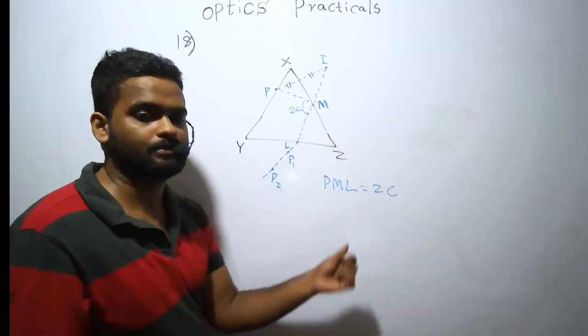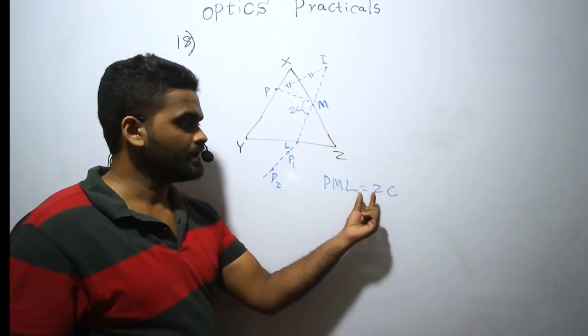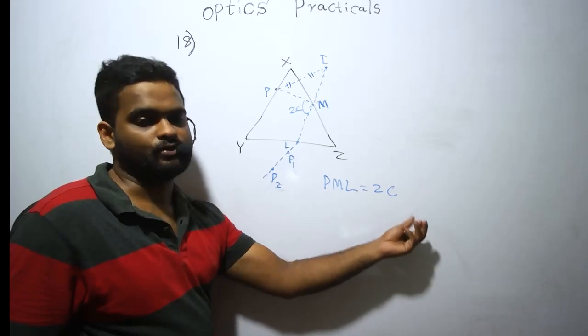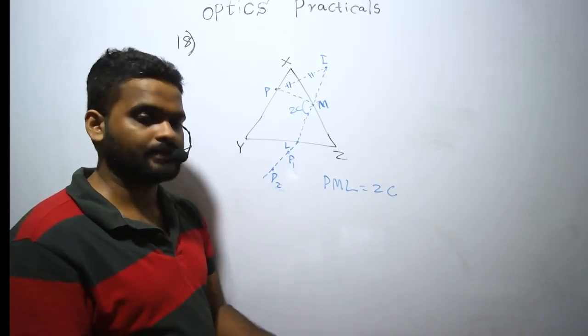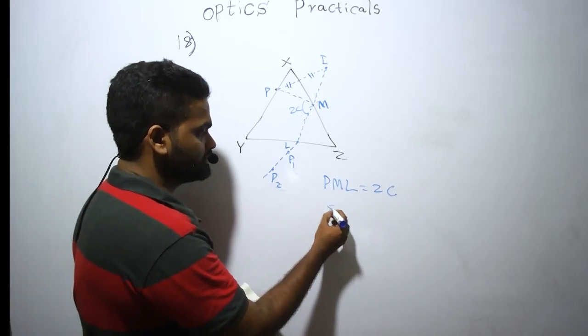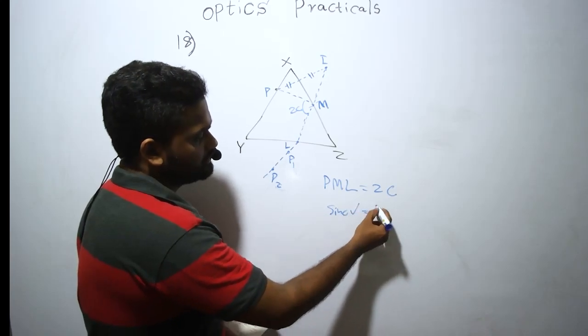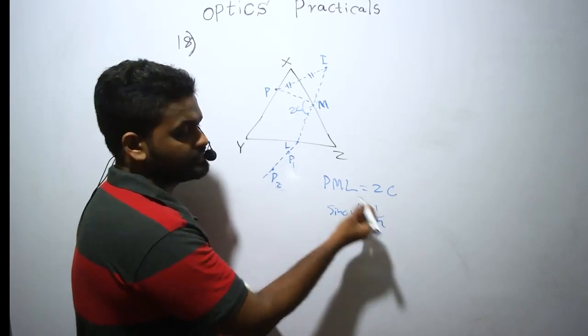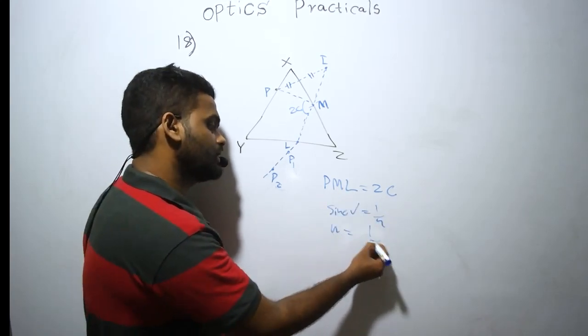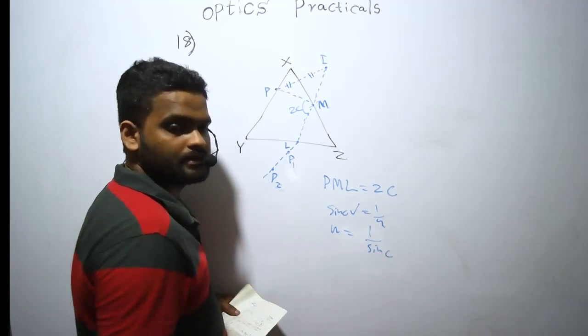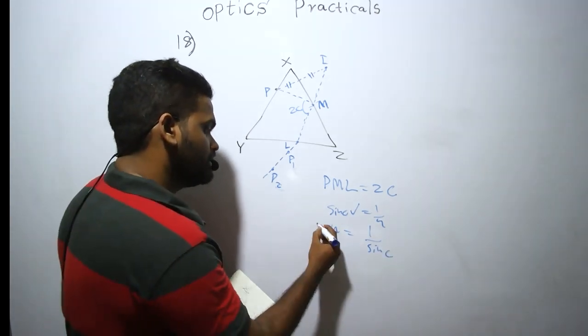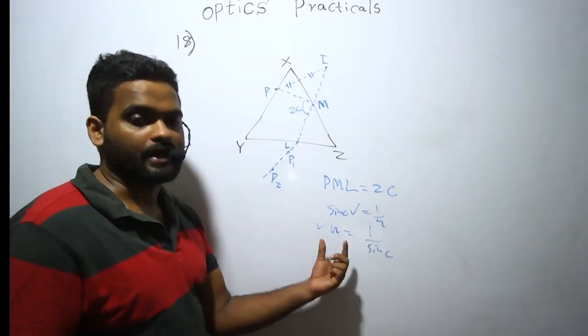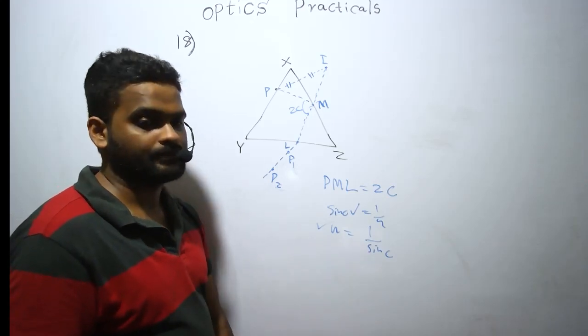So once we know the PML angle, you can just divide that by 2 and find the critical angle, right? So if you know the critical angle, you can calculate the refractive index n. So n is equal to 1 over sine c, right? Then you can find the refractive index like that.